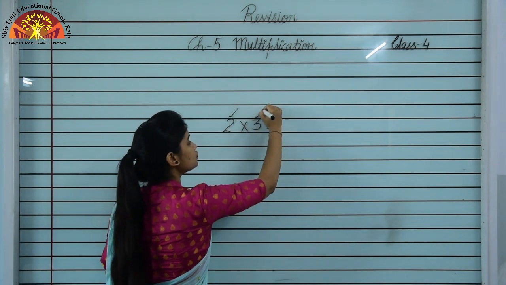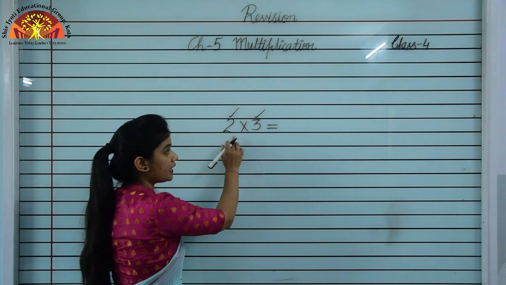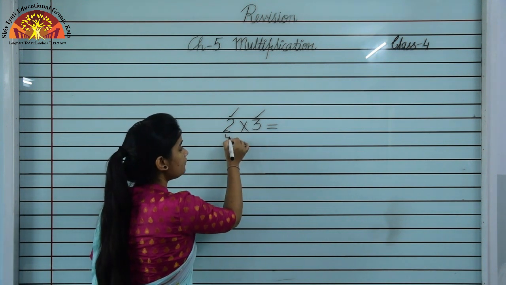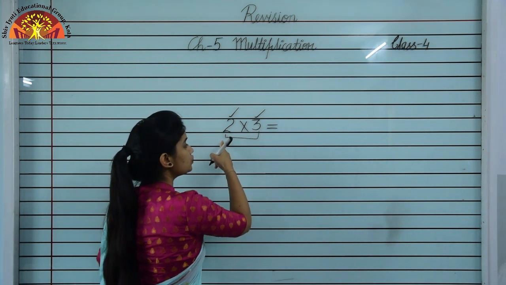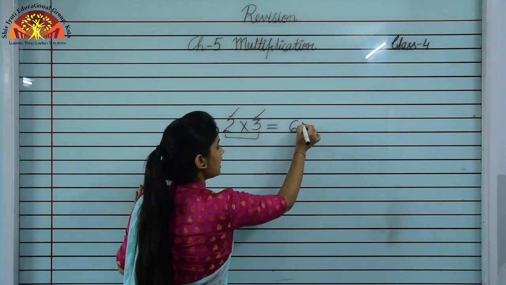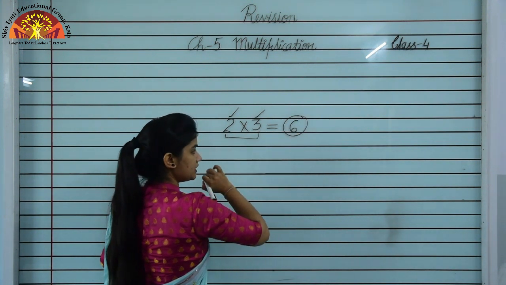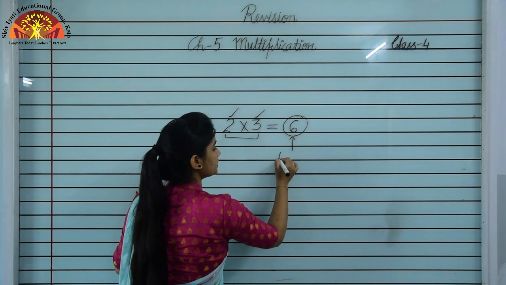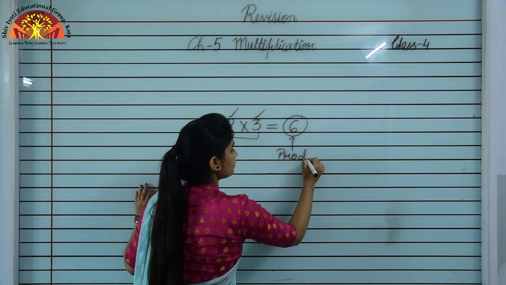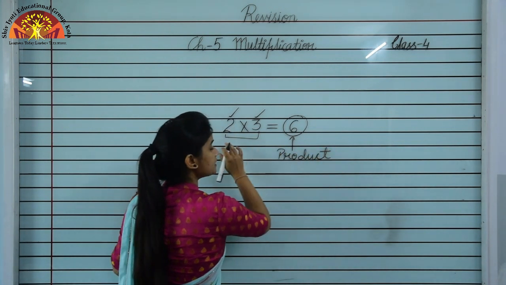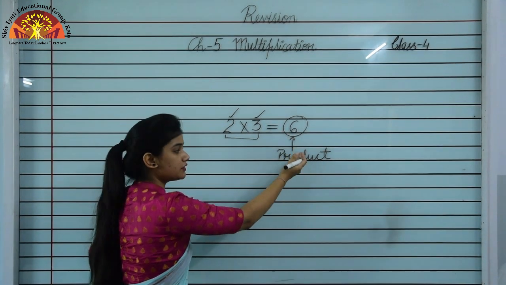Here we have two numbers, the first is 2 and the next is 3. If we multiply these two numbers, 2 3s are 6, and the result of multiplication is called the product.